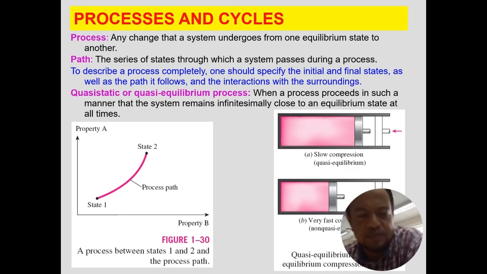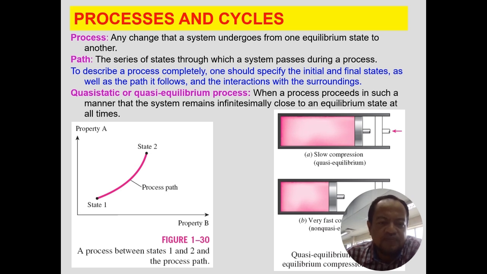Next, we will go to process and cycle. A process in thermodynamics means any change that a system undergoes from one equilibrium state to another. Let's say this is state number 1.